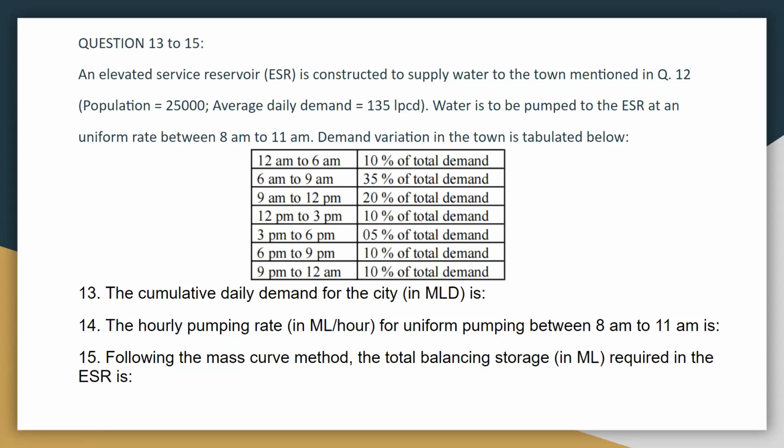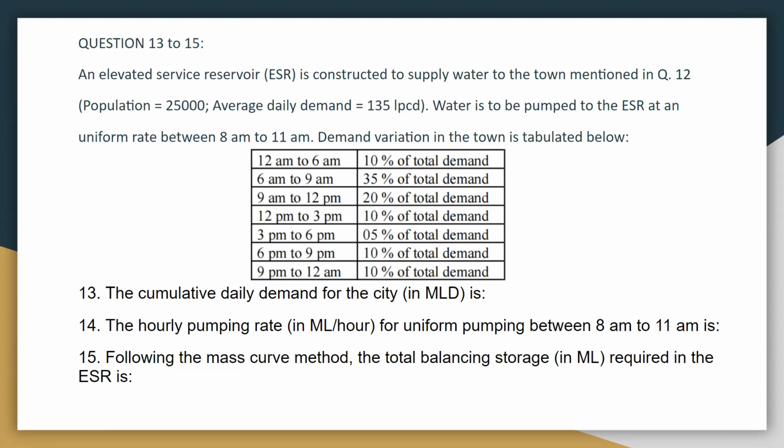What is the total demand based on certain times of the day? Now here we are supposed to be providing water from 8 a.m. to 11 a.m. Based on the data provided, first you have to find out the cumulative daily demand for the city in million liters per day.